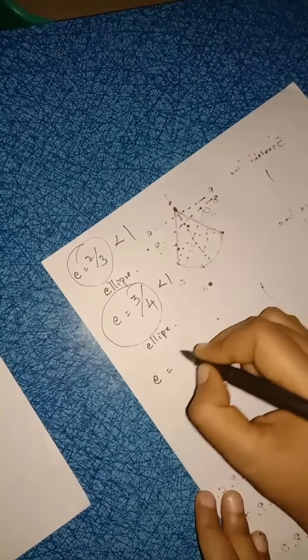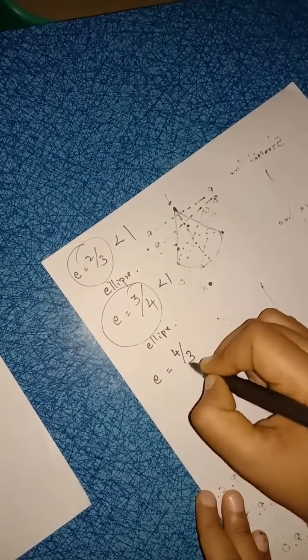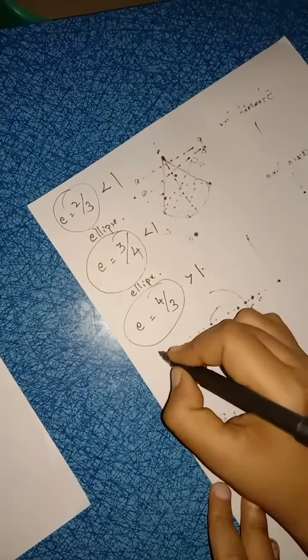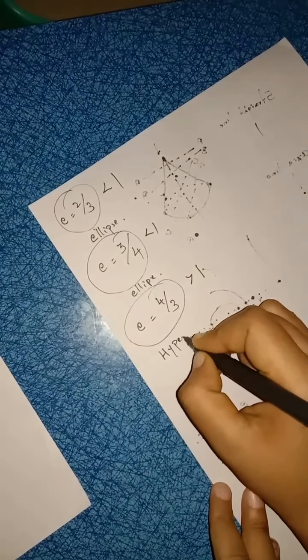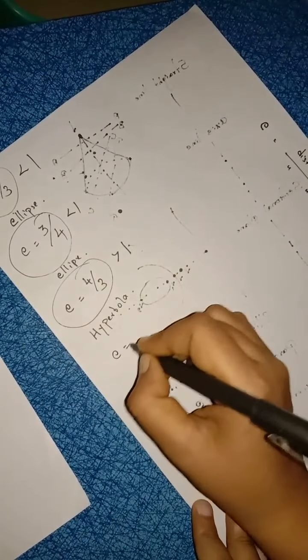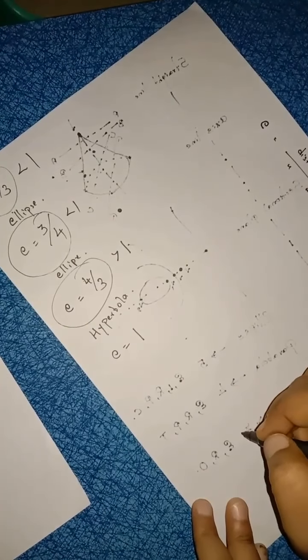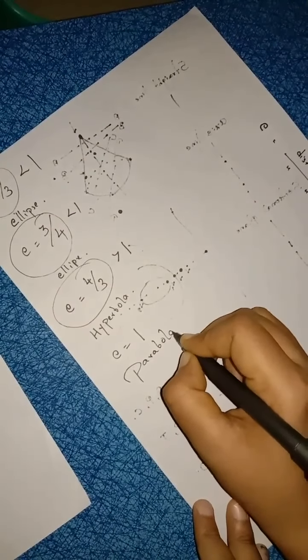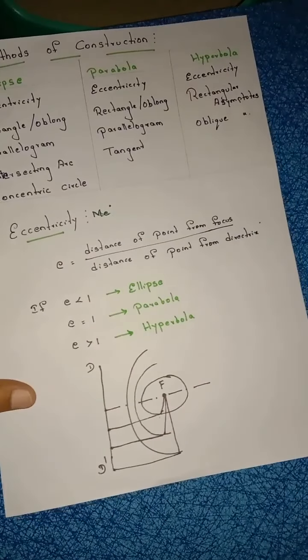If E equal to 4 by 3, it is greater than 1, so you have to draw a hyperbola. If E equal to unity, you have to draw a parabola.